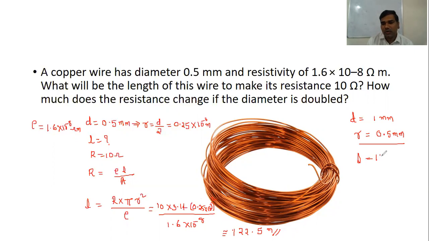Length you can substitute as 122.5 meter. Then resistivity rho we can substitute as 1.6 × 10^-8. Use the same formula, R is equal to rho L by A. When you substitute in this formula, area is pi r square, we know length, we know resistivity, we will get resistance value.